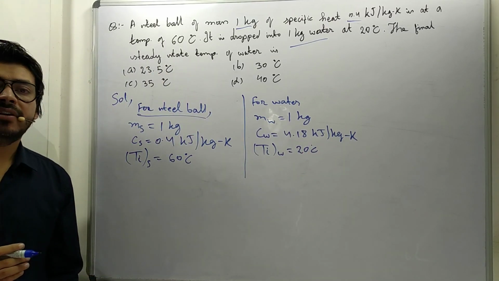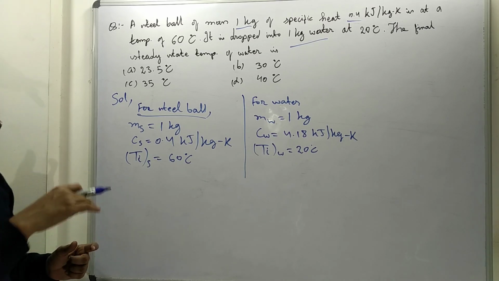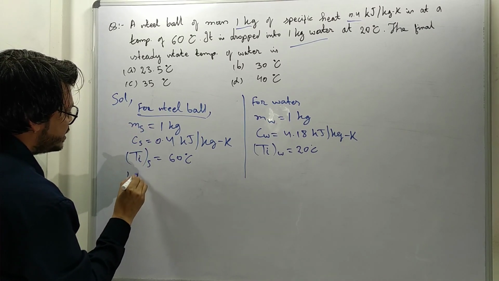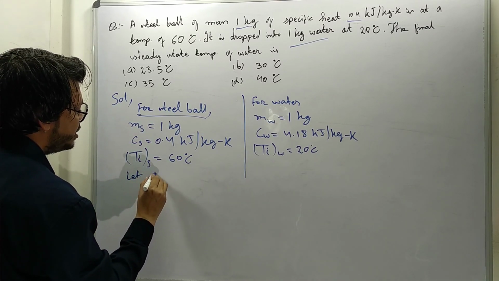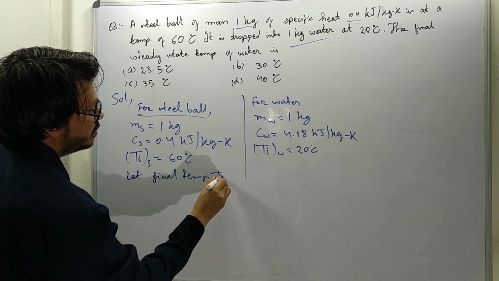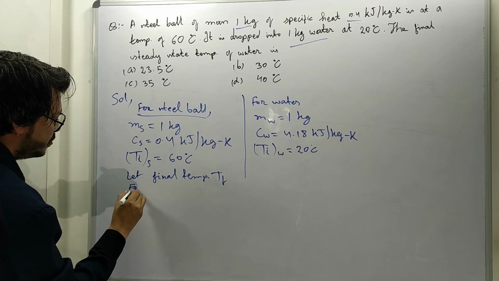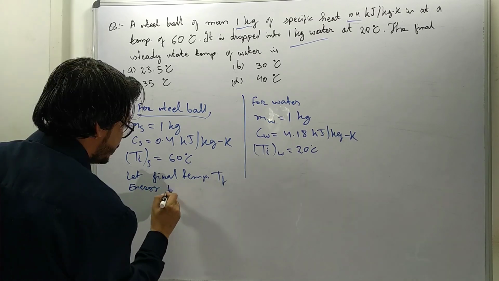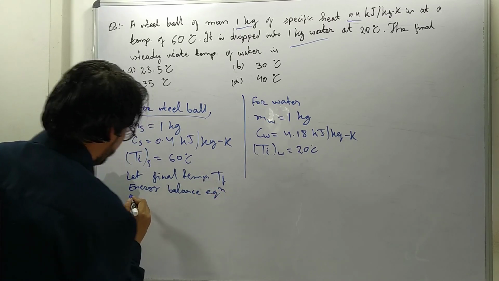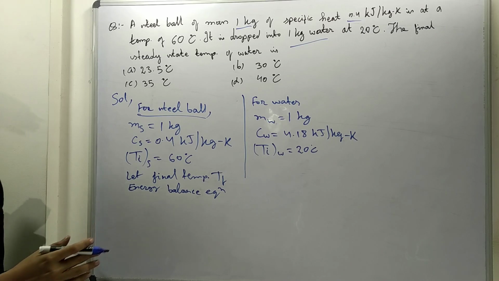The final temperature of water and the steel ball will be the same because the steel ball is immersed, that is, it is kept inside the water. So let us consider final temperature as TF. Now applying energy balance equation, we have heat lost by the steel ball is equal to the heat gained by the water.